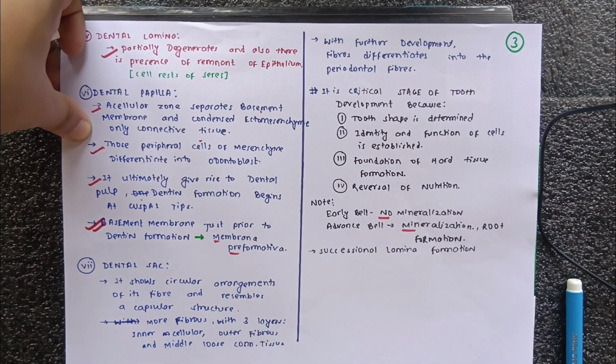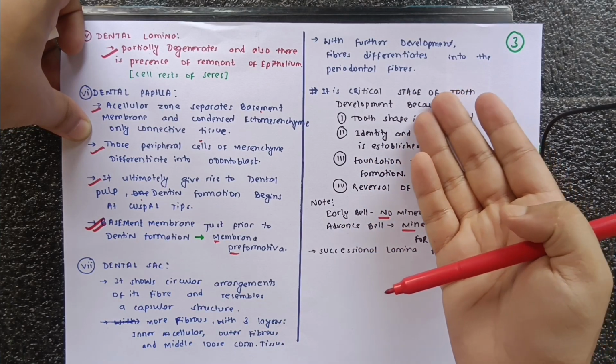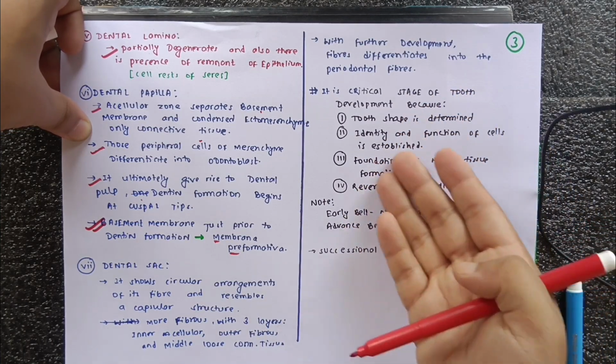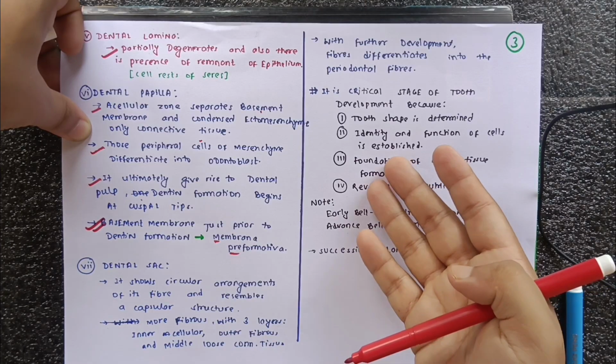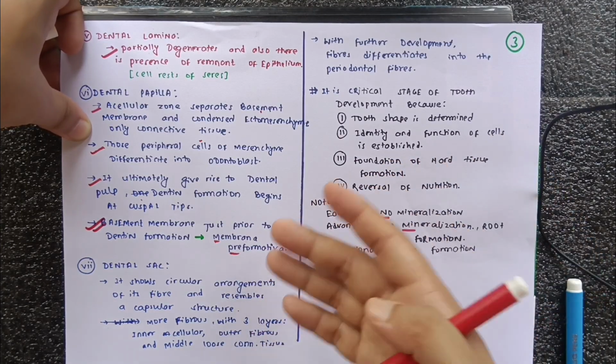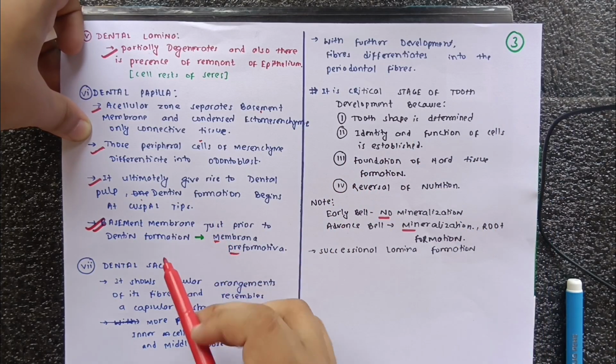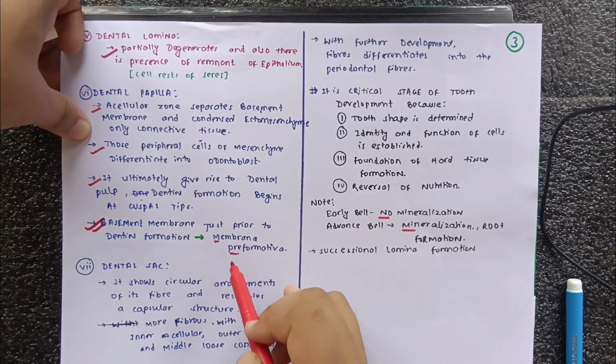There is a degradation of the basement membrane due to enamel proteins that come from the inner enamel epithelium into the dental papilla, and that differentiate the cells of the mesenchyme into odontoblasts. We will discuss this in a later video on epithelial and mesenchymal interaction. For now, just remember membrana preformativa.